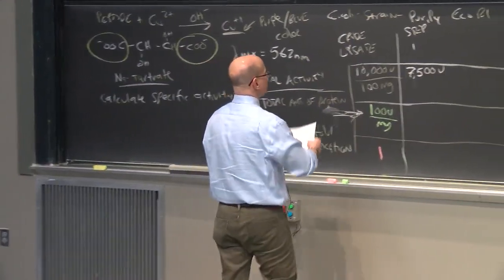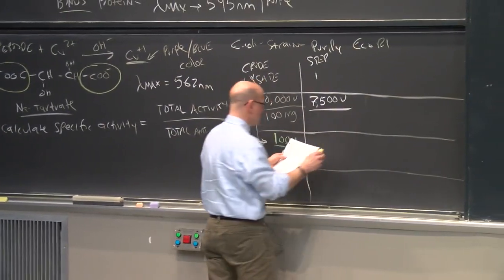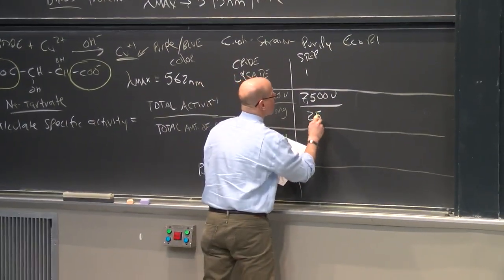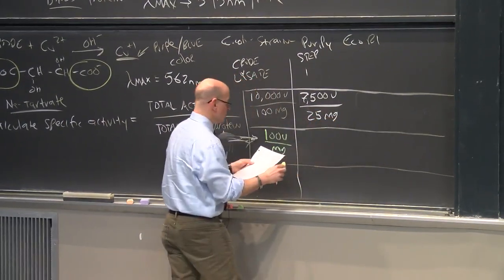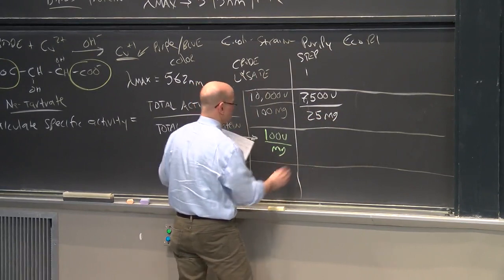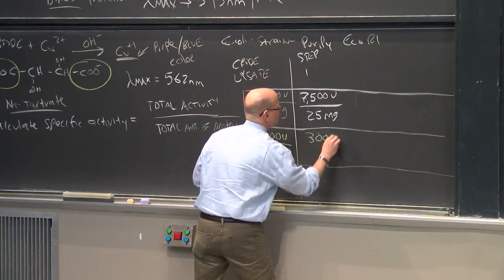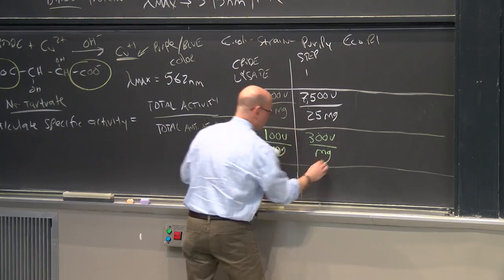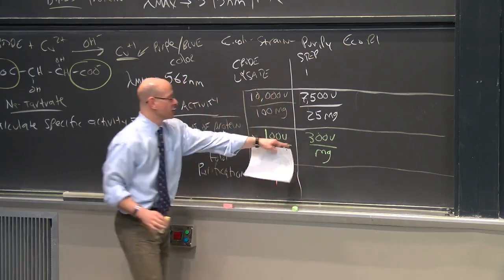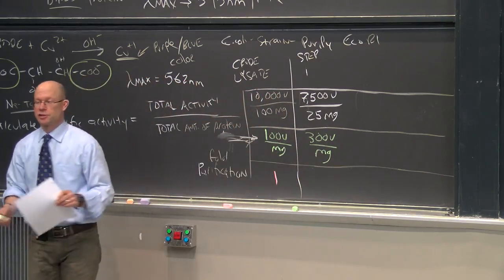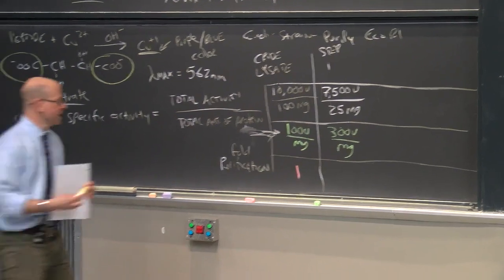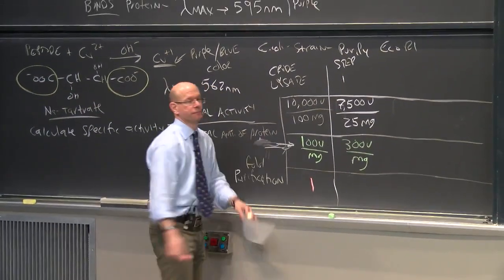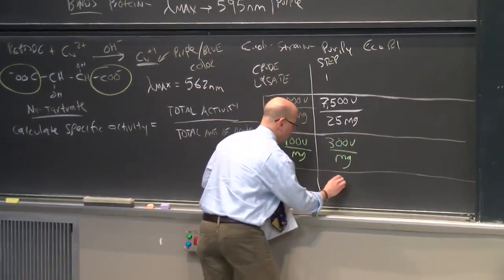So I only got 7,500 units back. But I did that in 25 milligrams of protein. So now my specific activity has gone up to 300 units per milligram. The original lysate was 100 units per milligram. Now it's 300 units per milligram. How much purification did I get? 3-fold, right?